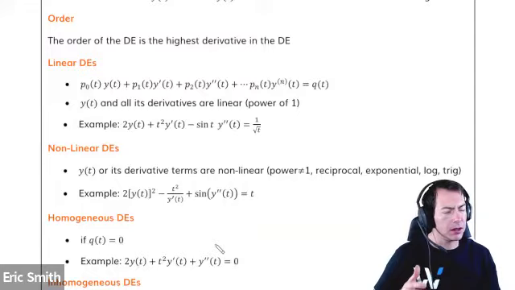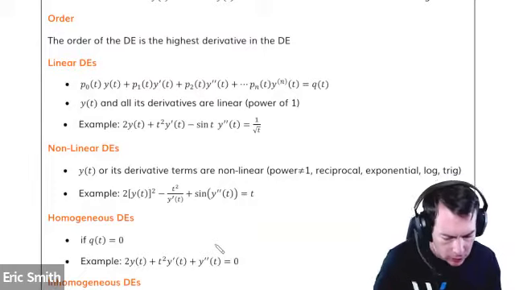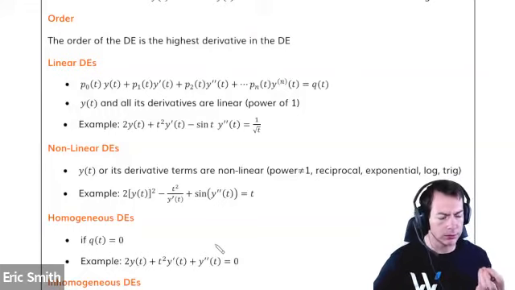That's a coarse way to start organizing these things, but you can get even more specific. So now we can get into what are known as linear differential equations. In a linear differential equation, the highest power on our original function and its derivatives is really just going to be its first power.